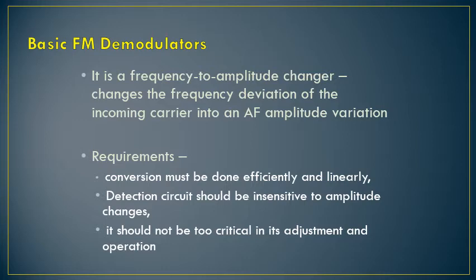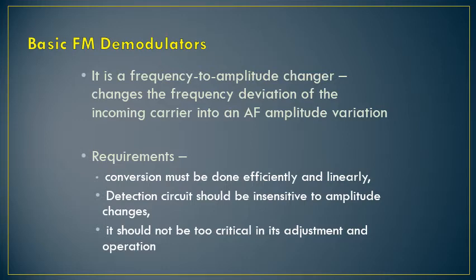If we are trying to convert such an FM signal, whose amplitude has also changed because of noise, to an AM signal, those amplitude changes will also be reflected in the converted AM signal. This should not happen.